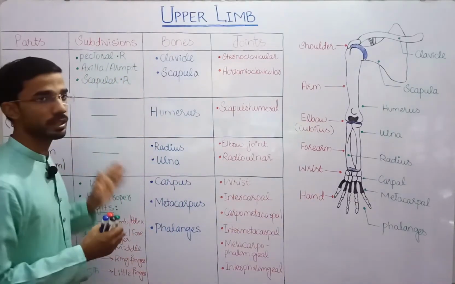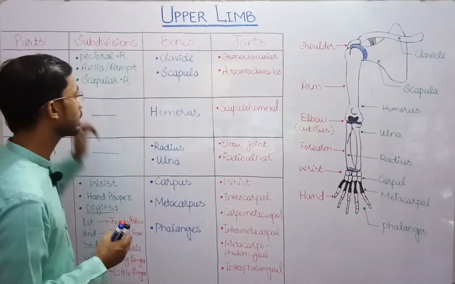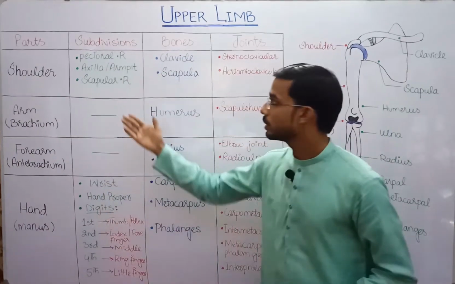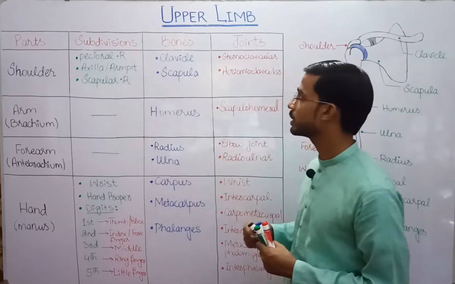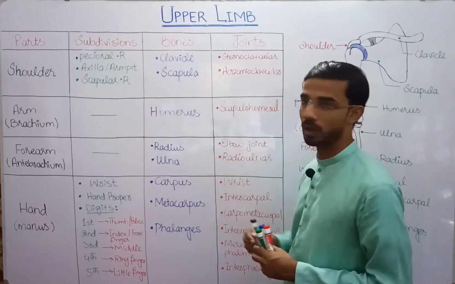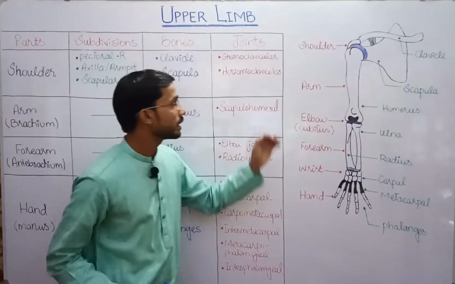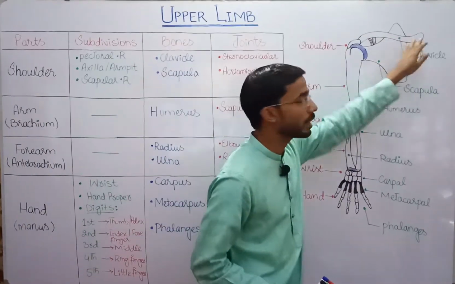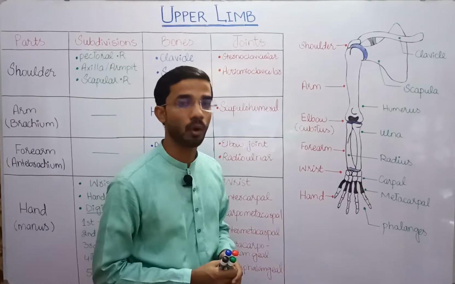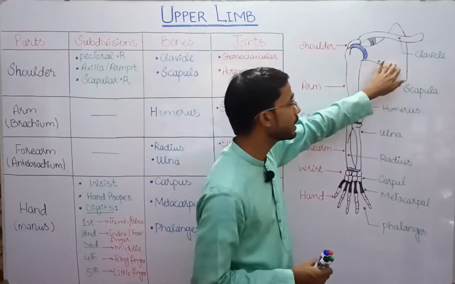Next, the bones included in the shoulder region. Here you can see the bones included in the shoulder region: clavicle and scapula. Here you can see clearly that this is the clavicle bone, which is also called collarbone, and here is the scapula.